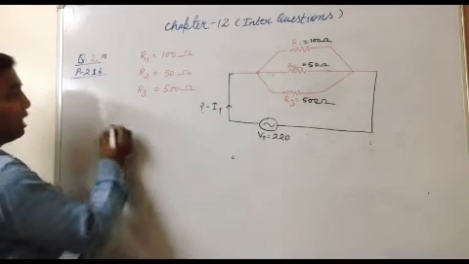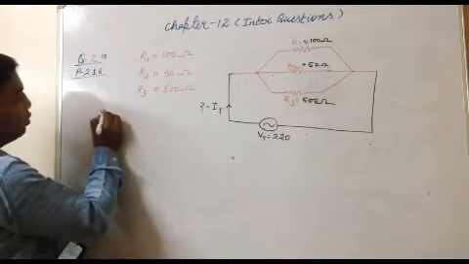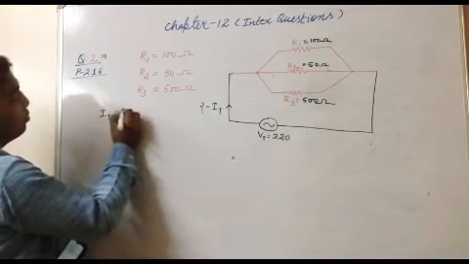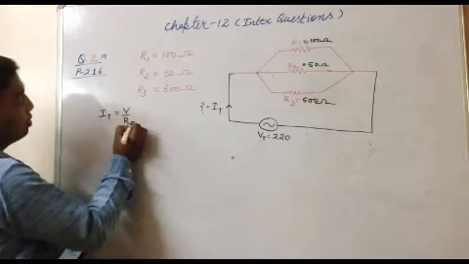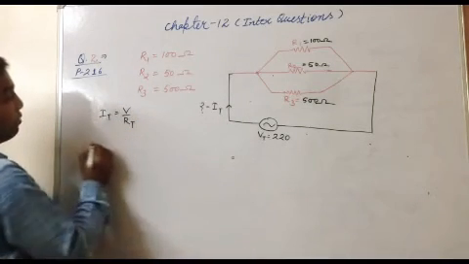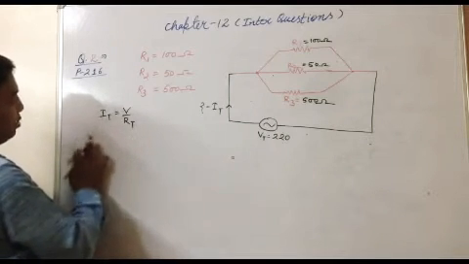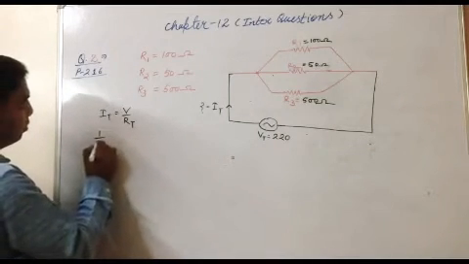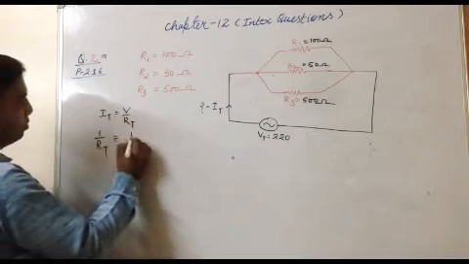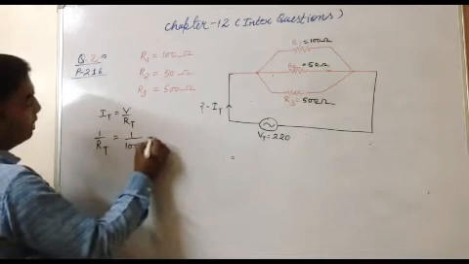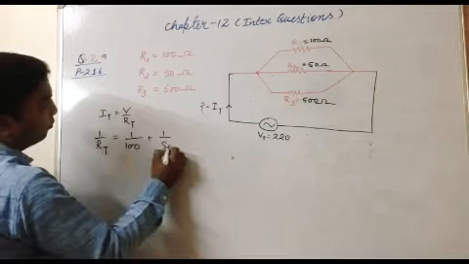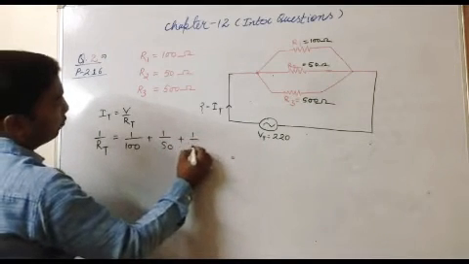So how can we calculate this? We know IT equals V upon RT. So what is RT? Can you calculate RT? 1 upon 100 plus 1 upon 50 plus 1 upon 500.